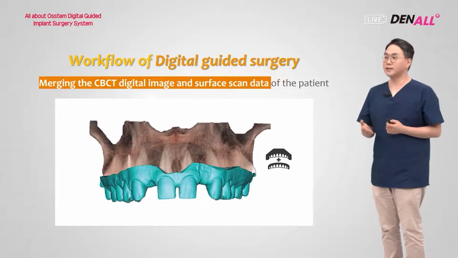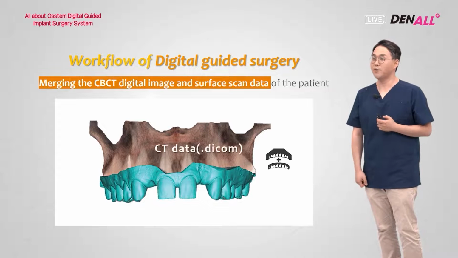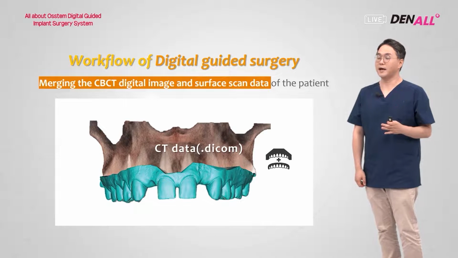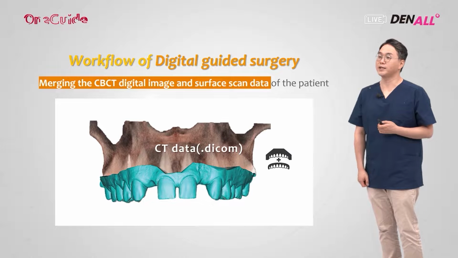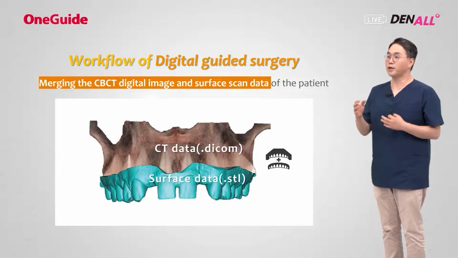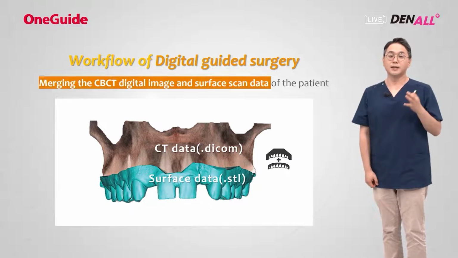The extension of the actual data gained from CBCT is called DICOM, and 3D data with volume from surface scanning is called an STL file. So you need to merge the two different files into one.